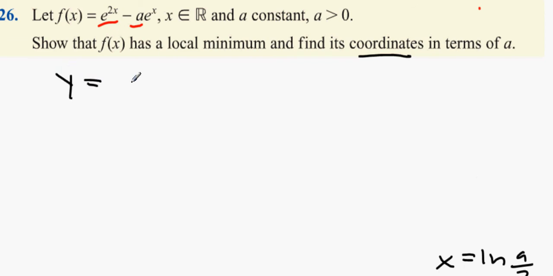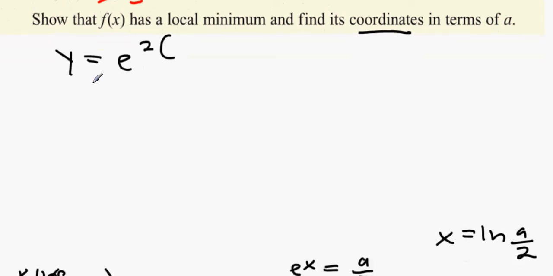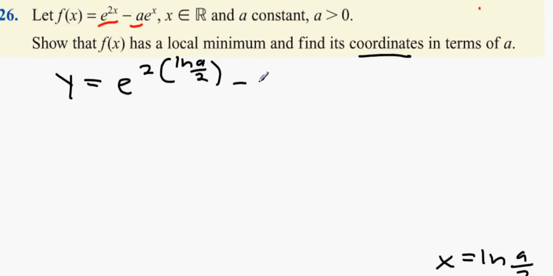So y equals e to the power of 2 times ln a over 2, and then minus a times e to the power of ln a over 2.